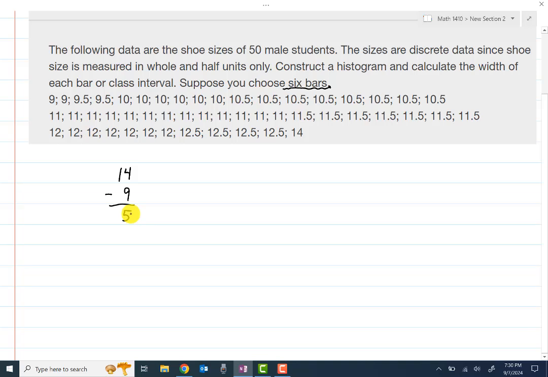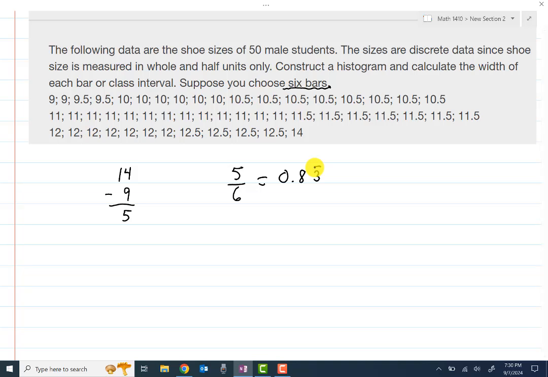Now what I would like to do is take that range and distribute it among the 6 bars. If I take 5 and divide it by 6, I get this number. Now, such numbers are what we're going to be using in making a table for these values.